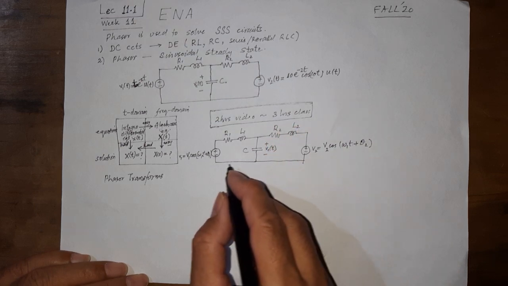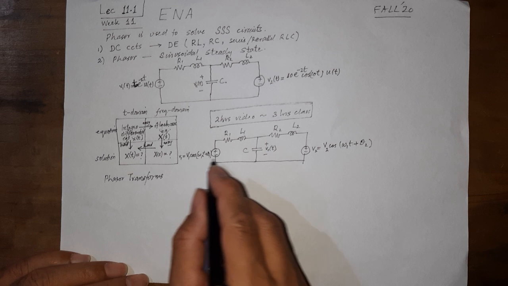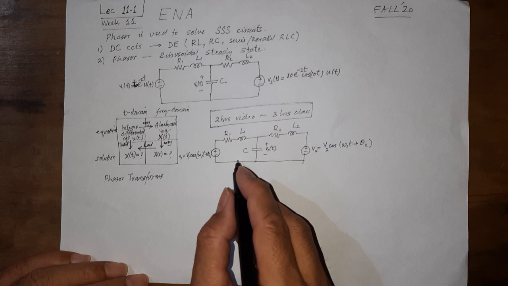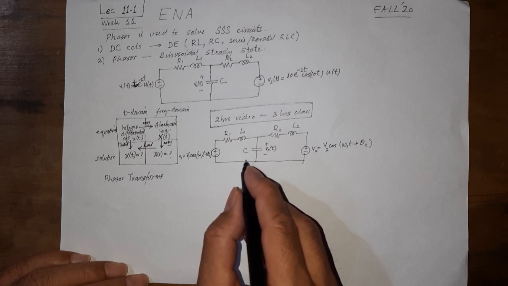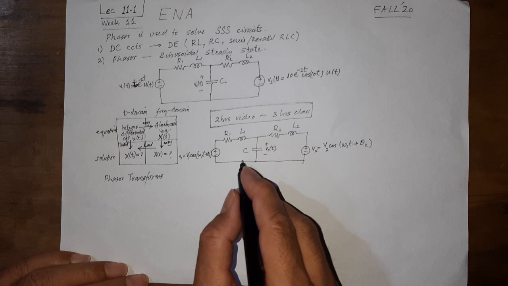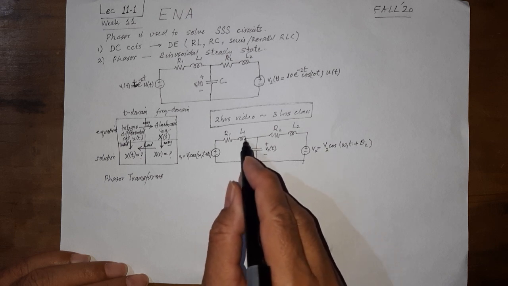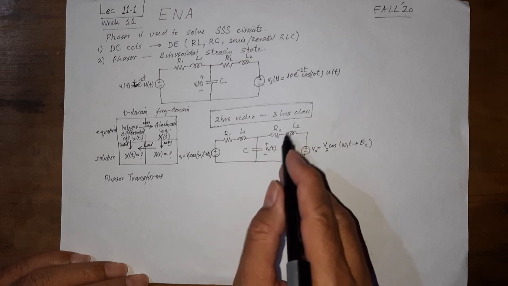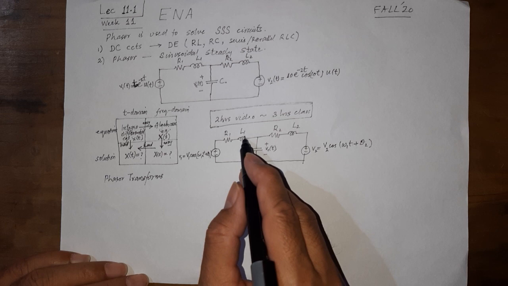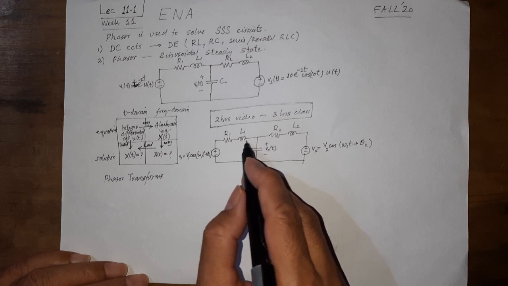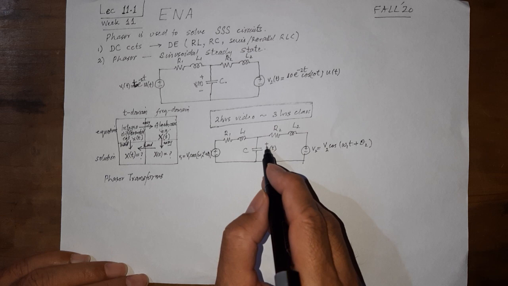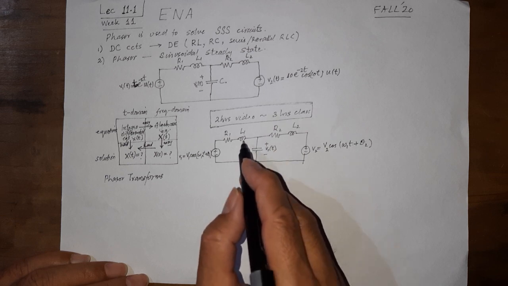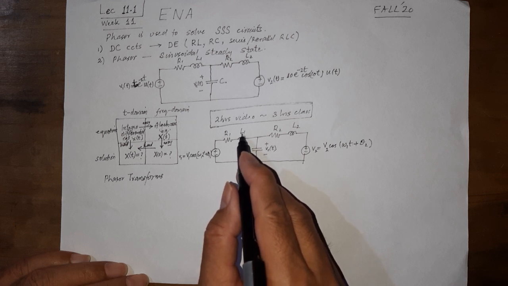So if the problem would have been about a sinusoidal circuit, and we are interested in the steady state output only. Remember, when we are interested in a steady state output, we do not consider the initial conditions or the energy already stored in the energy storing elements. Remember, L's and C's are energy storing elements, and if we know the current at any point in time through an inductor and the voltage at any point in time across the capacitor, we know exactly how much energy is stored there, because the energy stored in an inductor is half L I square.